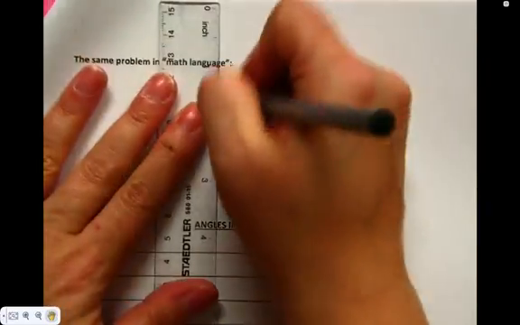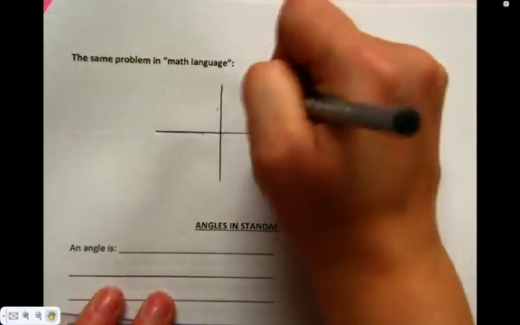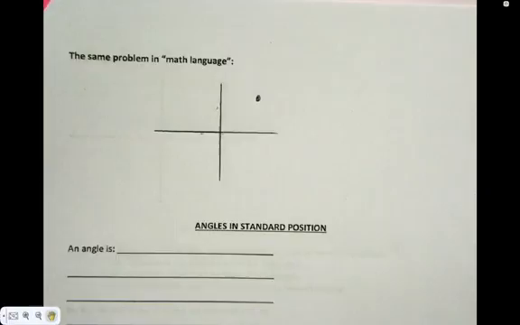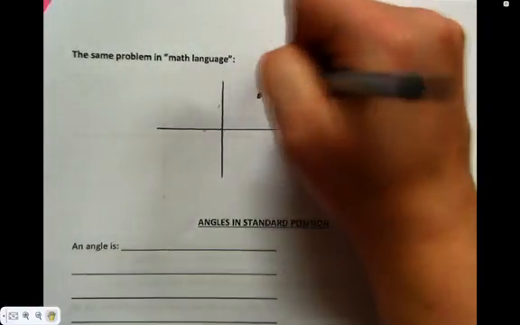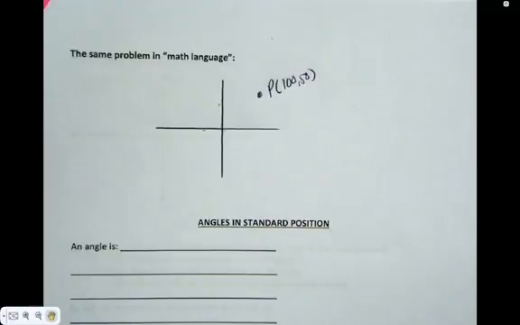So I'm going to give you just a point on a coordinate grid. And I'm going to tell you the coordinates of that point, which I'm going to call P, are 100 and 50.